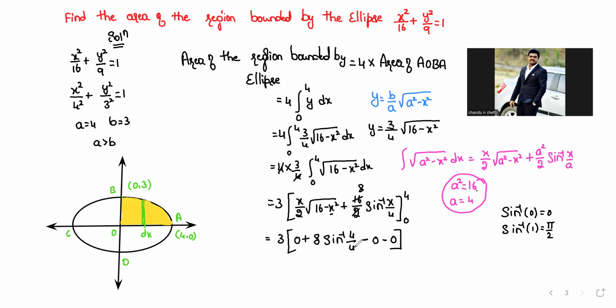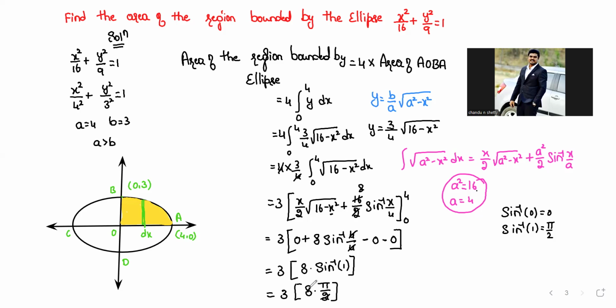Okay, so here the 4 is getting cancelled. So here we get 3 into 8 into sine inverse of 1. So now here 3 into 8, sine inverse of 1 value is pi by 2.